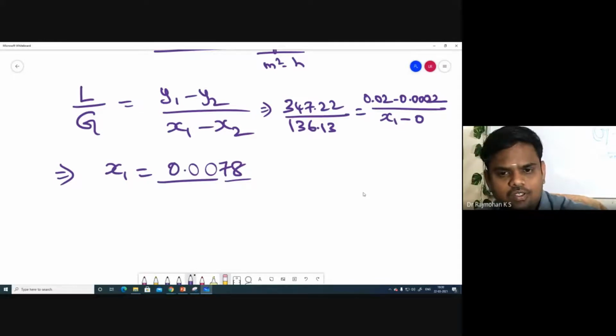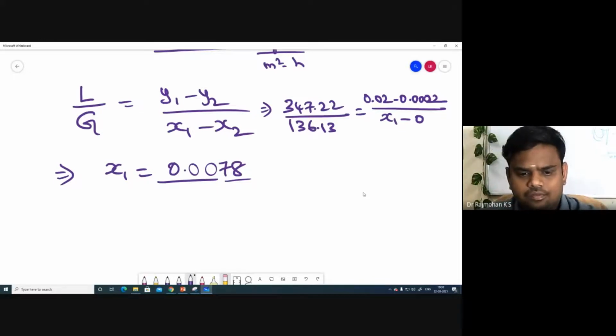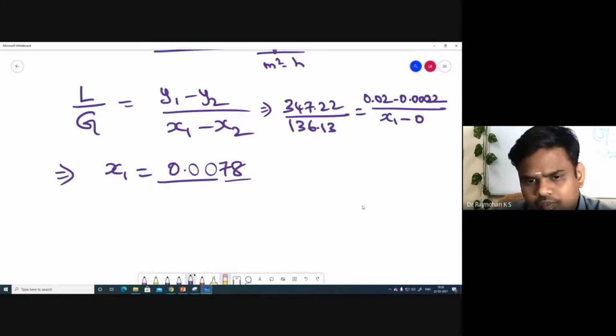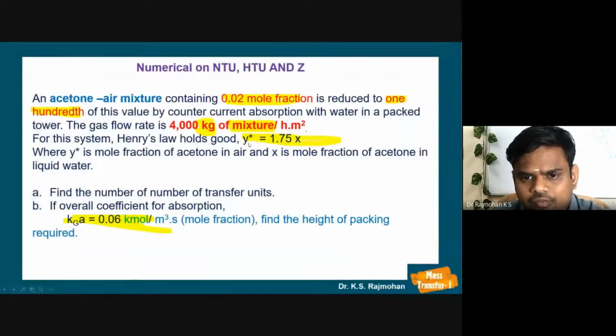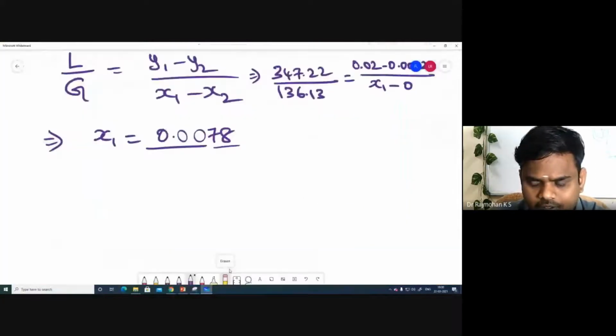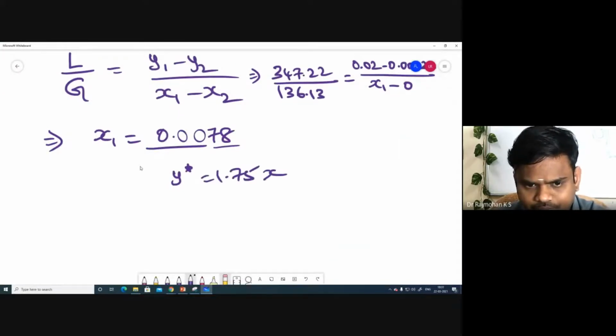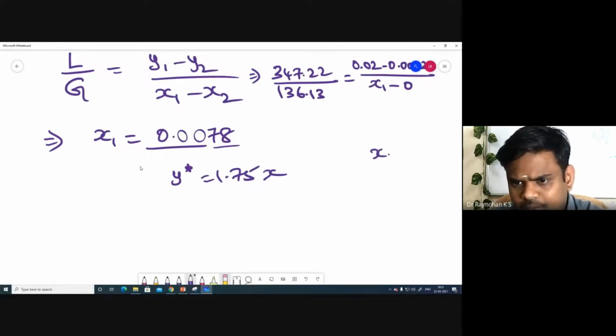Once we have this x1 value, refer to the question again. We have y star equal to 1.75 into x, with small x and small y. I told you that corresponding to x1 and x2, we have to use y1 star and y2 star.